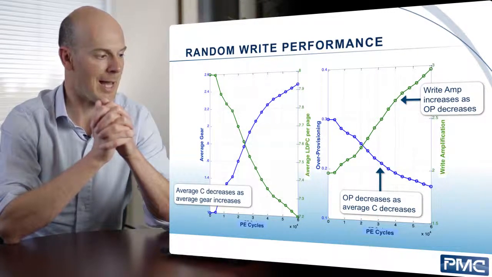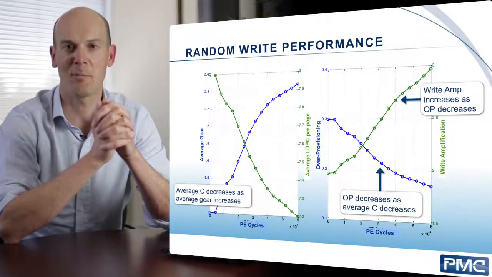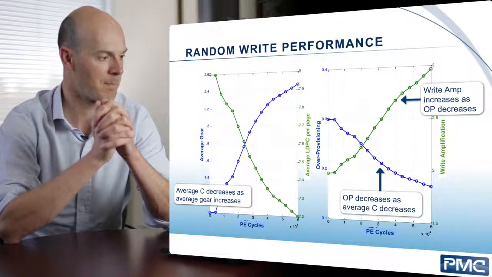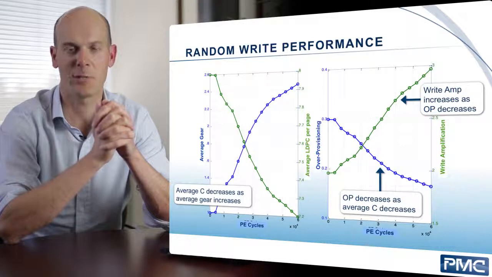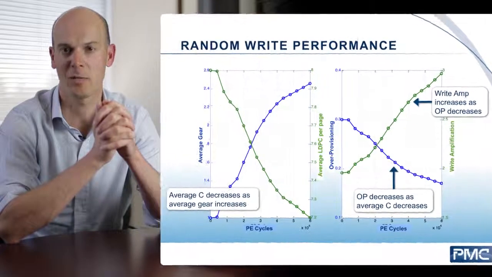So in the graph on the left, we see that the capacity of the drive is diminished slightly as we apply more error correction parity to ensure that the NAND Flash remains reliable as it ages. Consequently, the write amplification of the drive increases and the over-provisioning decreases. However, through proprietary techniques, we can manage this and ensure that at the host level, the performance is constant through the life of the drive.